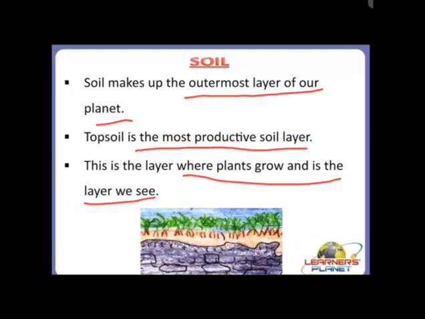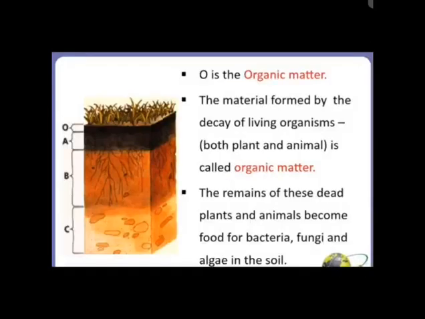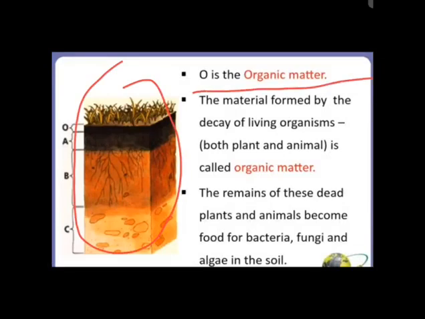This is the soil profile, and the O is the organic matter. So this layer is the organic matter, and the material formed by the decay of living organisms, both plants and animals, is known as organic matter. What is organic matter?